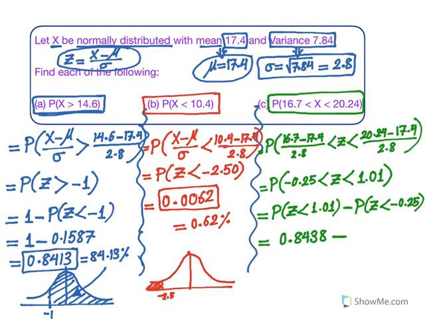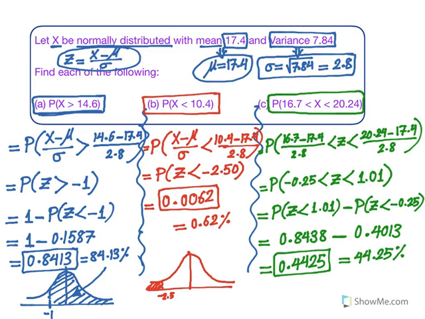So you subtract 0.4013, and this will give you on your calculator 0.4425, which as a percentage is 44.25%.